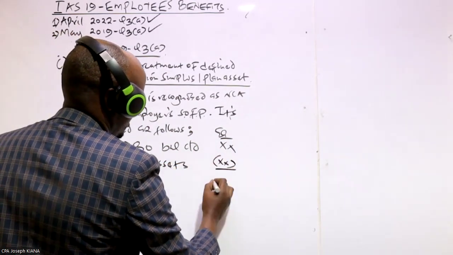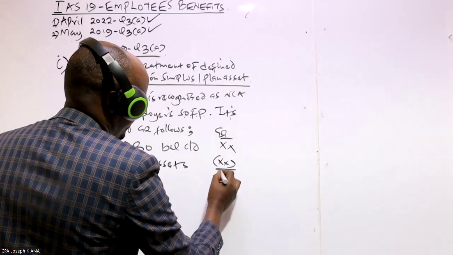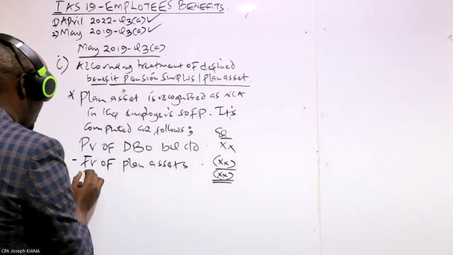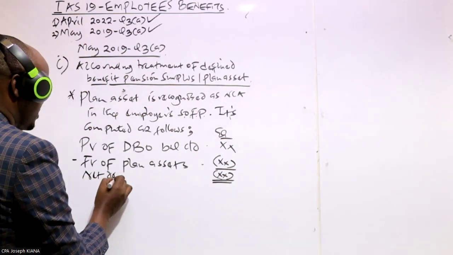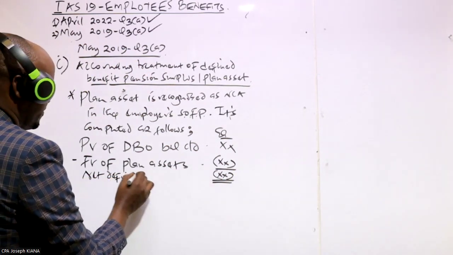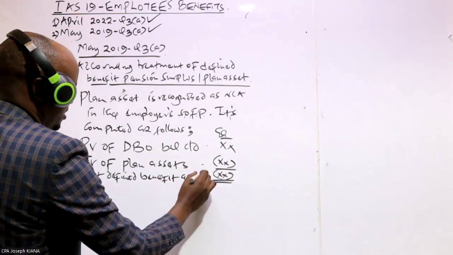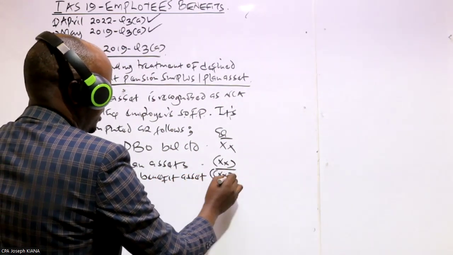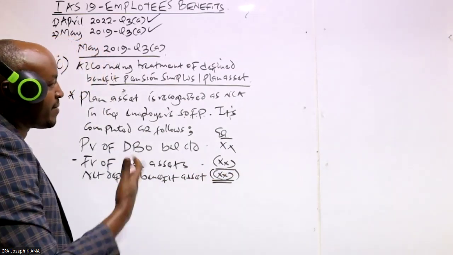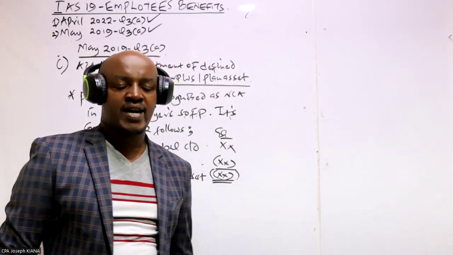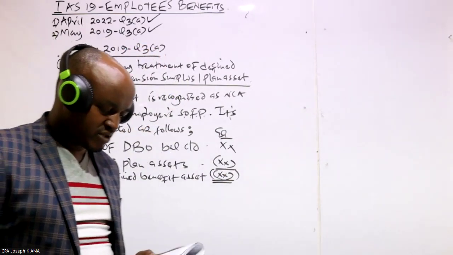In this case, once you get a negative figure, meaning that the asset is more than the obligation, that is known as the net defined benefit asset. We are saying that this should be recognized by the employer in the statement of financial position as one of the non-current assets. So that is it. That's what was required.